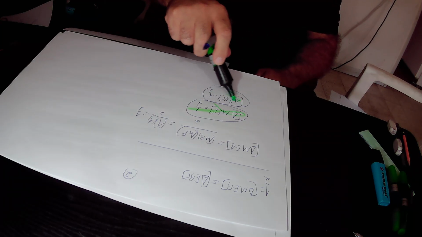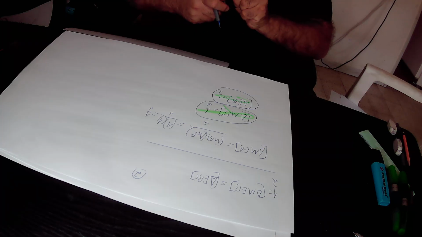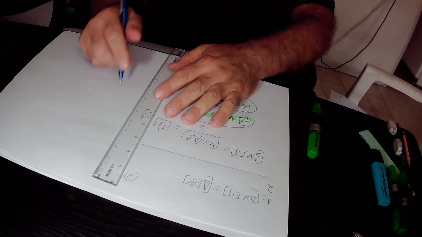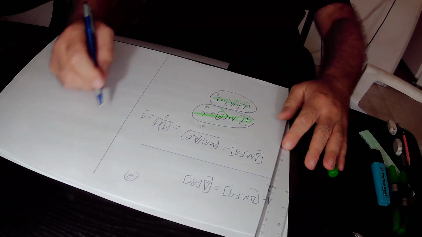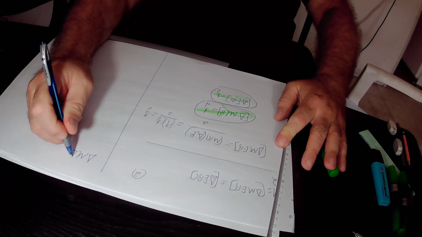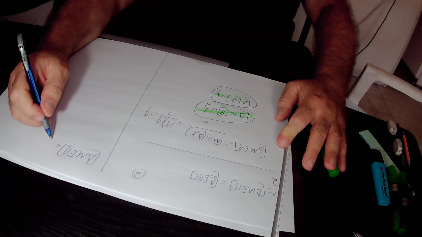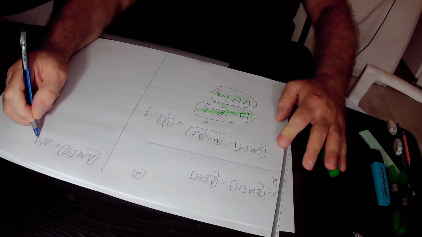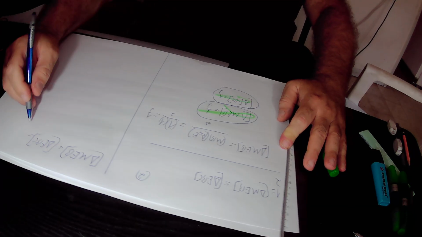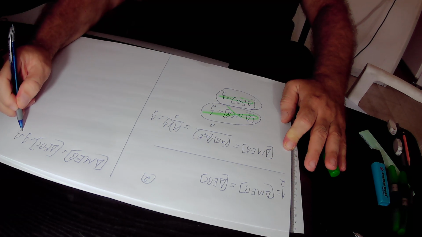So the area of triangle MEB plus the area of triangle EBC in total equals the area of triangle MEB, which is 1/2, plus the area of triangle EBC, which is also 1/2. 1/2 plus 1/2 is 1.